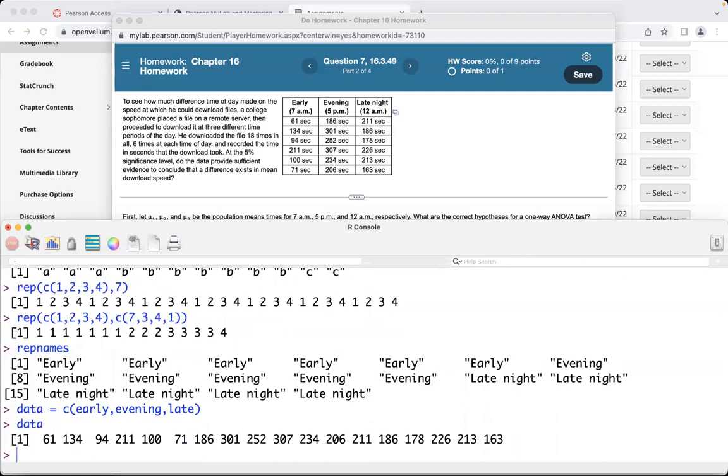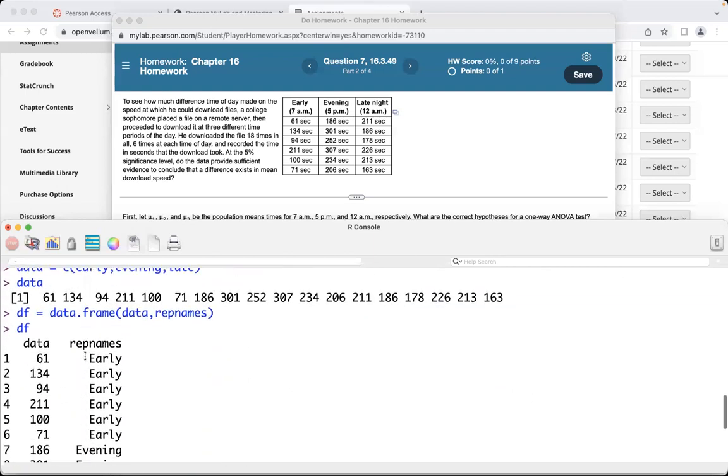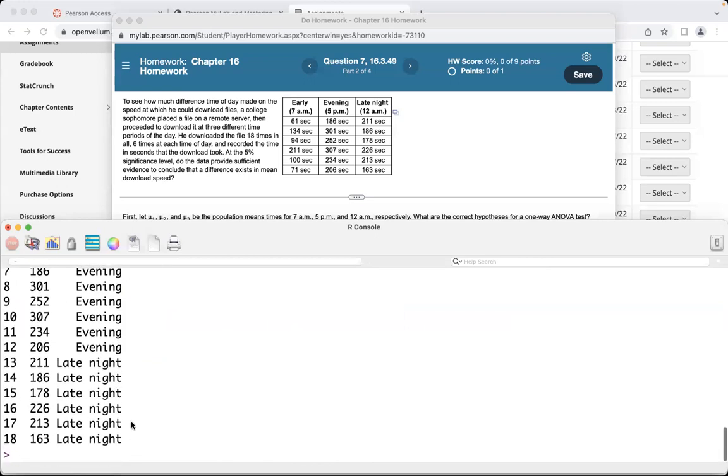One thing that's nice, but not really necessary for this, is you can take the data and the rep names and put them together and make what's called a data frame, just so that you can look at the data in a nice way. This is a nice representation of the table. The early values are 61, 134, 94, and so on down the list. Again, not super important for what we're doing here.